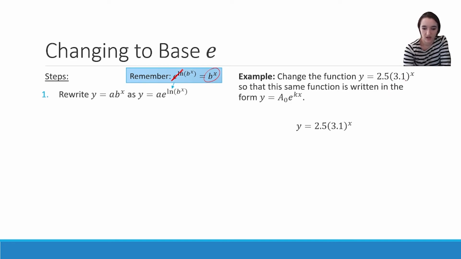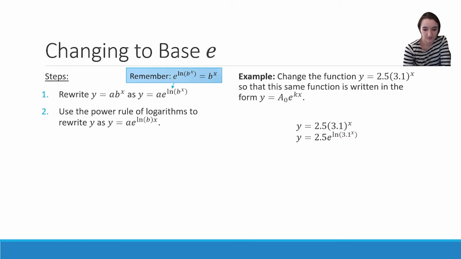Like so. So if I have this equation, 2.5 times 3.1 to the x power, and I'm trying to write it in this nice base e format that we like so much, all I would need to do is rewrite that e to the ln in the middle. So e to the ln of 3.1 to the x power.